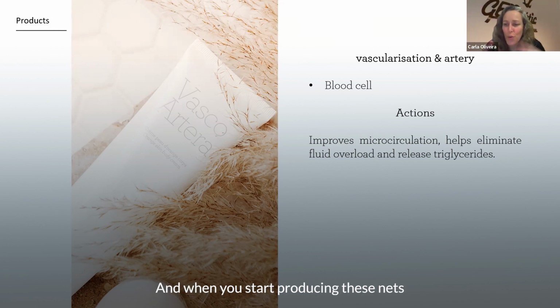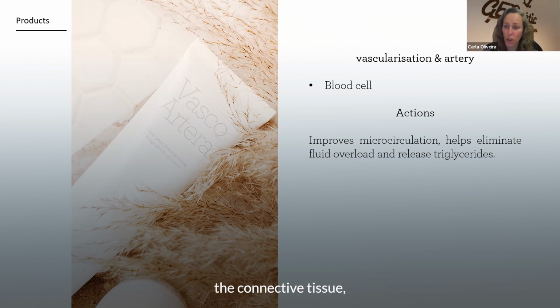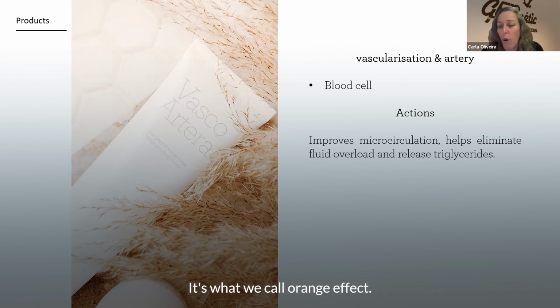And when we start producing this net or this quantity of fiber in a very disorganized way, the thing is that we start creating small fibroses in the connective tissue. And the tissue starts to have a very strange structure. It's what we call orange peel effect.